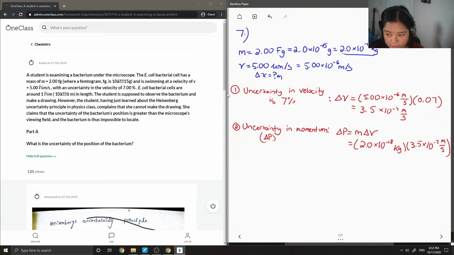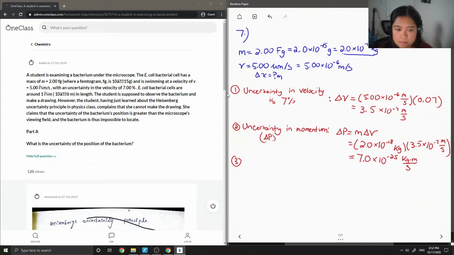Then you get a final value of 7.0 times 10 to the negative 25, and the units are kilograms times meters over seconds.